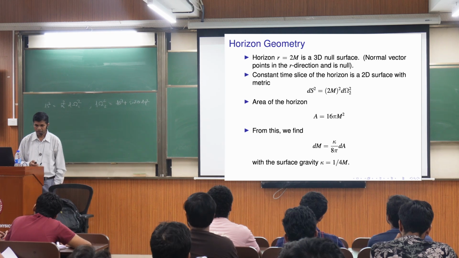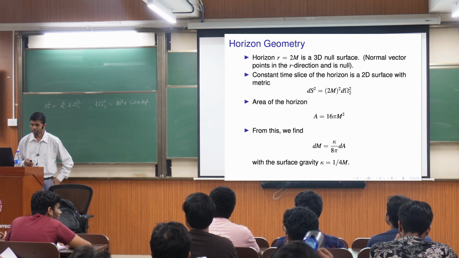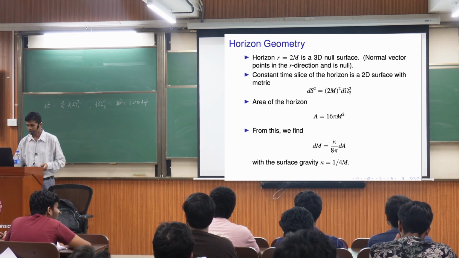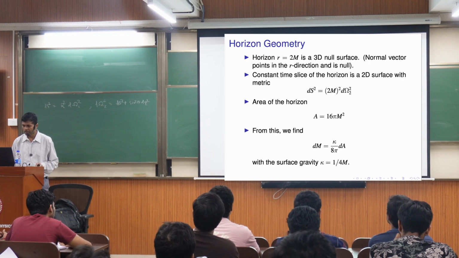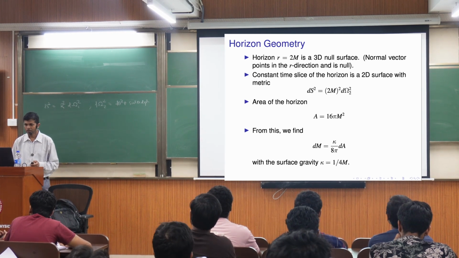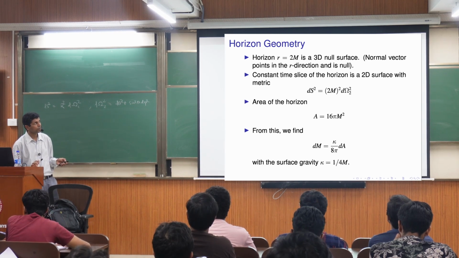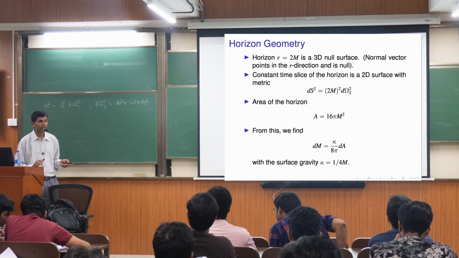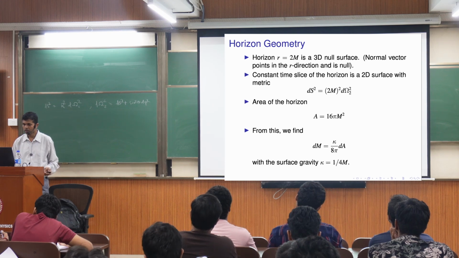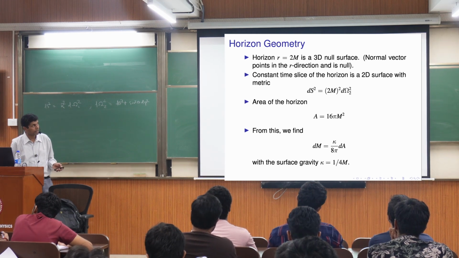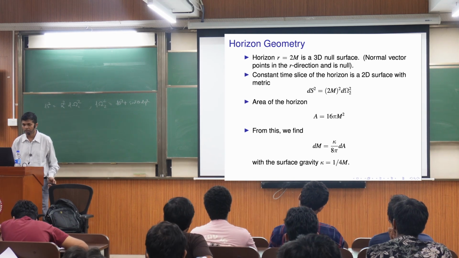So I think I should run a little bit fast. So let's talk a little bit about the horizon geometry. This r equal to rs, not 2m, is what is called a null surface. It's a 3-dimensional null surface. If you take the constant time slice, then this is rs squared times d omega squared.